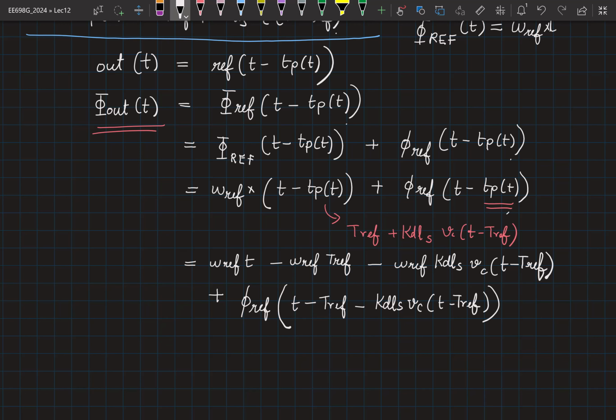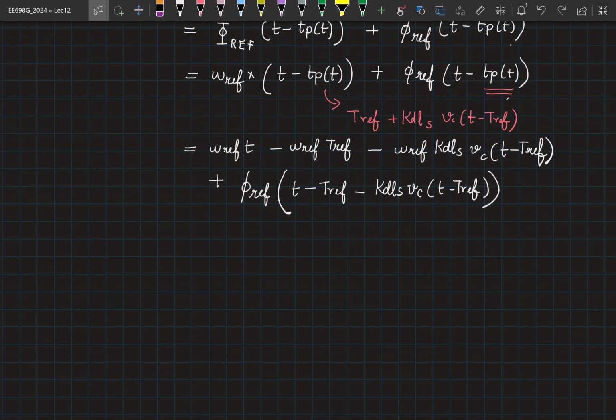Now let's try and simplify this a little bit, right? So the first term omega ref into Tref appears as it is. What can you comment about this? This becomes 2 pi. Any simplification you can make here? This becomes KDL in radians per volt, right?